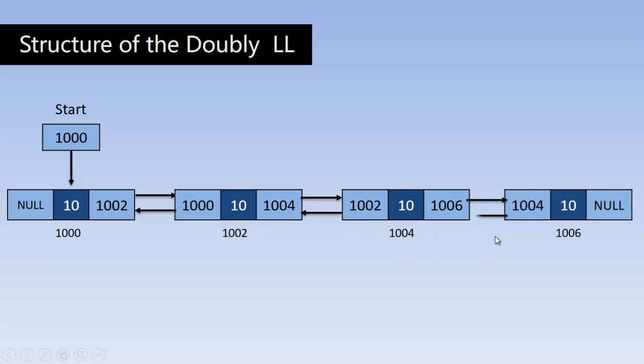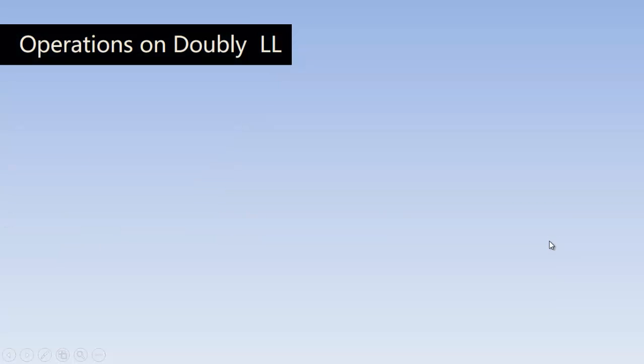This is the last node of the doubly linked list, which has null in its left link. This is how the doubly linked list looks. Here it is null because there is no node after the last node, so it represents itself as the terminating node of the list.